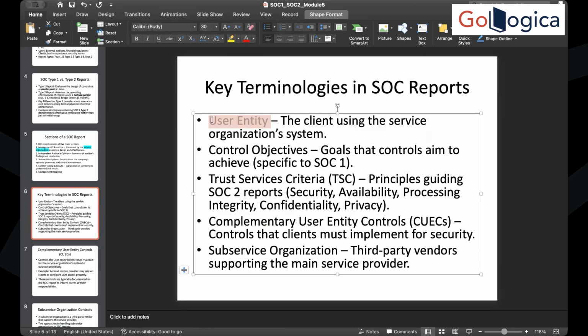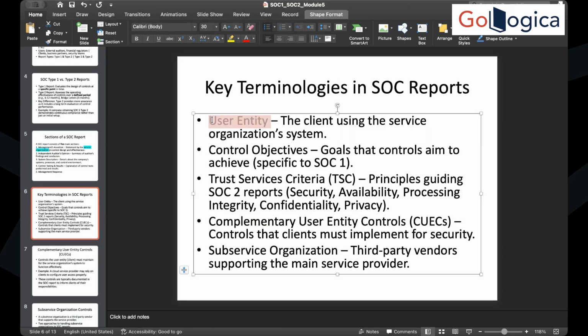Moving ahead, trust services criteria, the principle guiding the SOC 2 report. I already discussed this, right? Five trust service criteria, out of which security is by default. The rest four you can pick, but the more you have, the better. Any question? Okay.